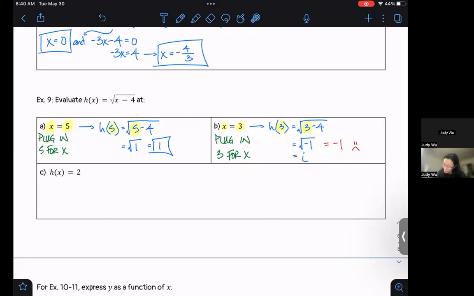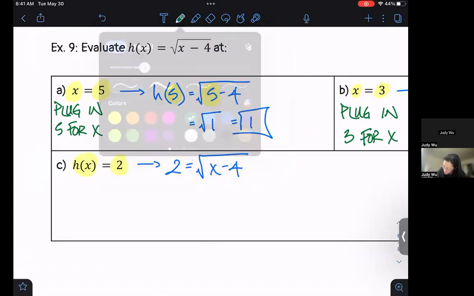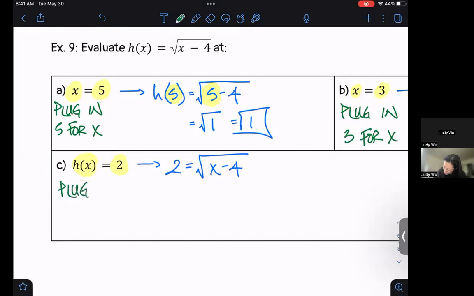All right, last but not least, h of x equals 2. Well, that means everywhere I see h of x, I have to replace it with 2. So in my equation, I'm going to get 2 equals the square root of x minus 4, because this means plug in 2 for our y, or our h of x.